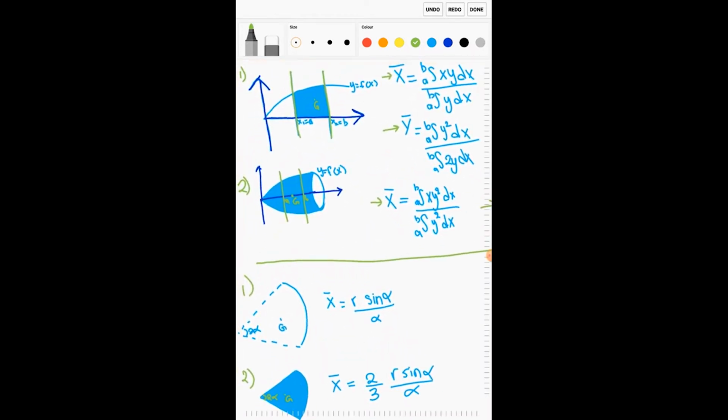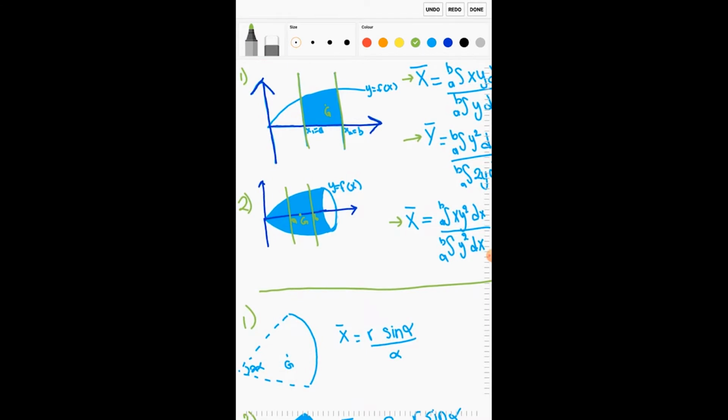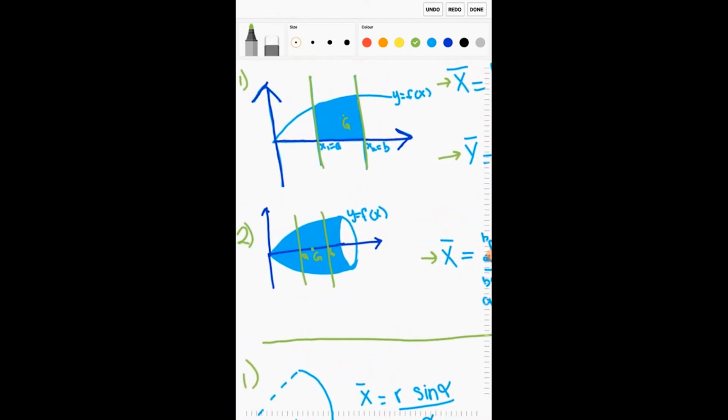So let's start with finding the center of mass of a uniform lamina, y equals f of x, this line, basically. And it's bounded by the x-axis and the lines x equals a and x equals b.